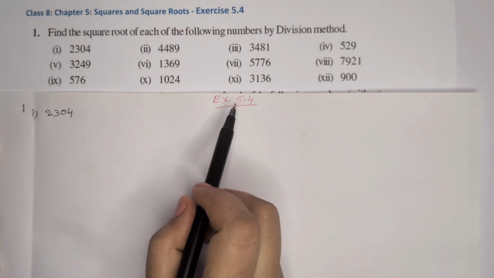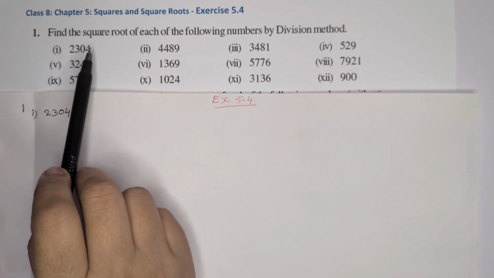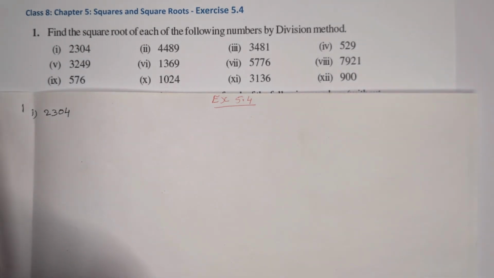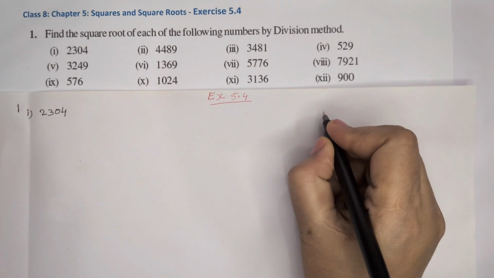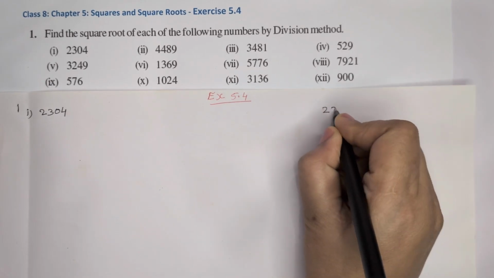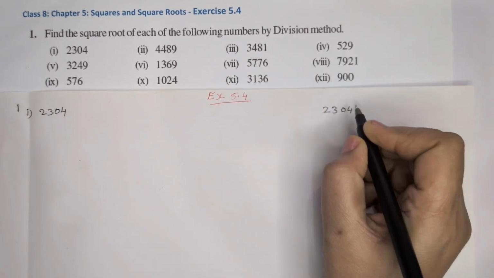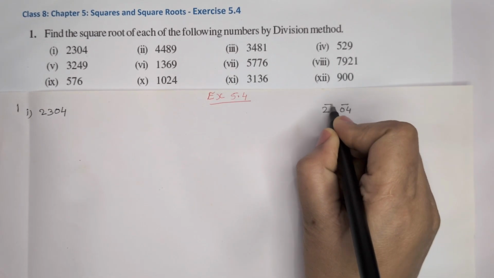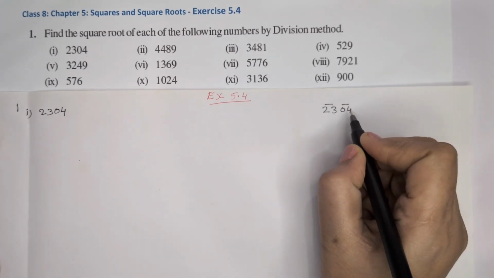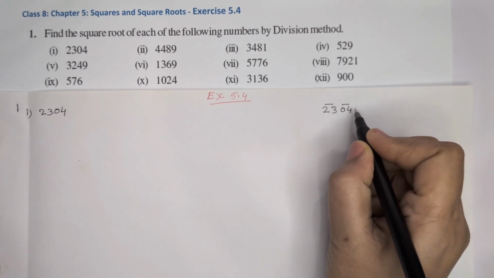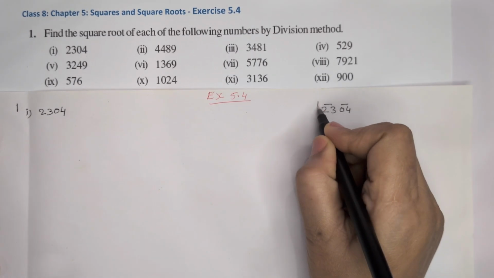Next, exercise 5.4. First question, find the square root of each of the following numbers by division method. Here 2304. So first we have to write the number here, 2304, and group digits as pairs from right to left.